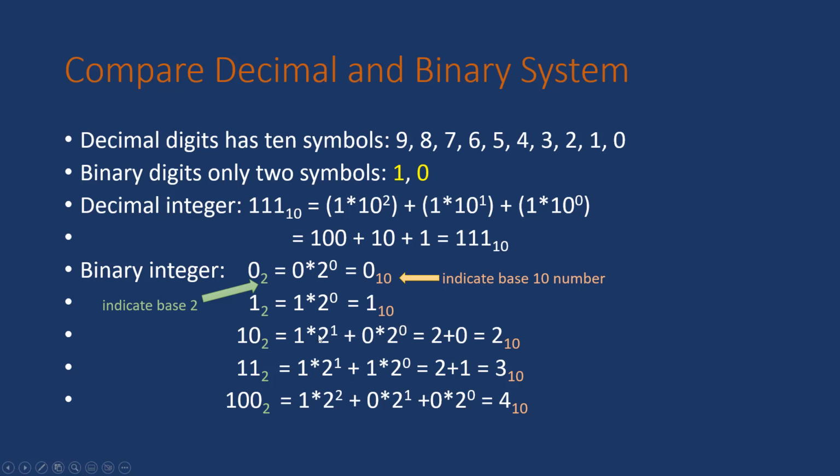That is 1 multiplied by 2, which is 2, plus 0. So 2 plus 0 is equal to 2. So the decimal number 2 is equal to the binary number 10.